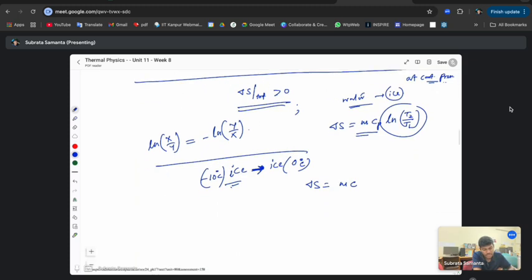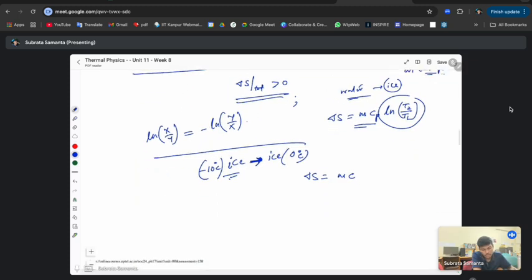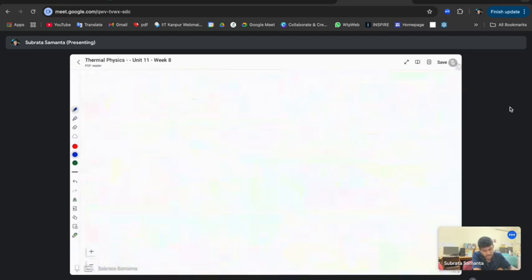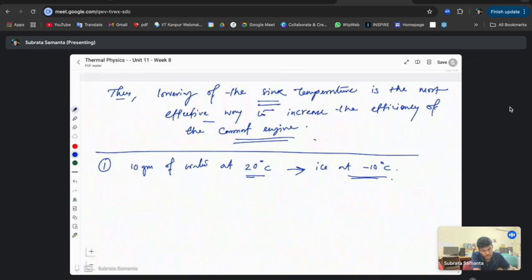So this is the first step. Let's go back to your problem. Basically your problem is 10 gram of water at 20 degrees centigrade to ice at minus 10 degrees centigrade. So how many processes are there? First you change 20 degrees centigrade water to 0 degree water, right?